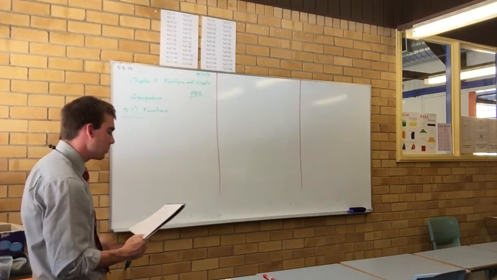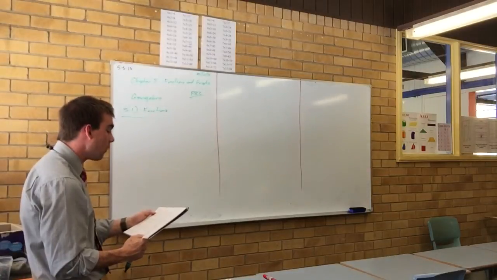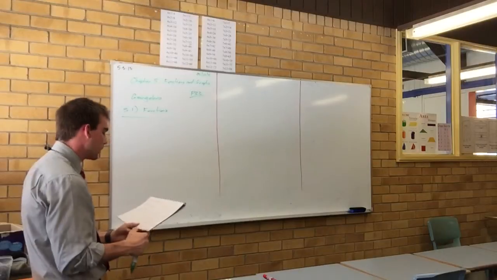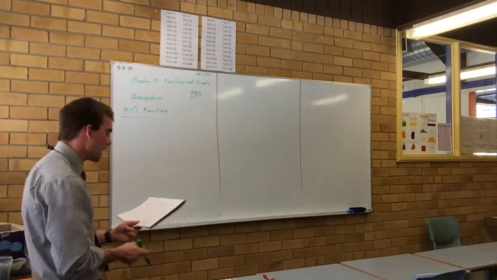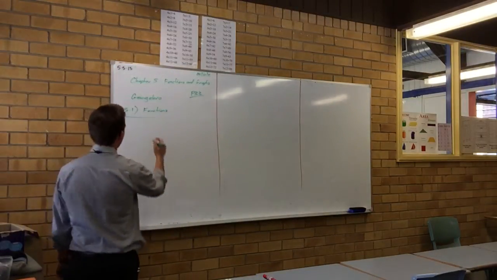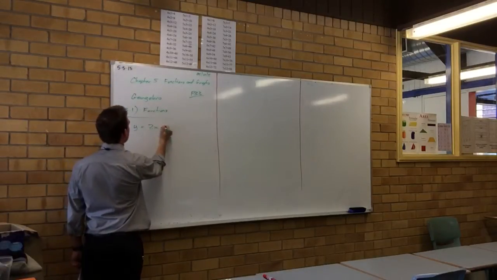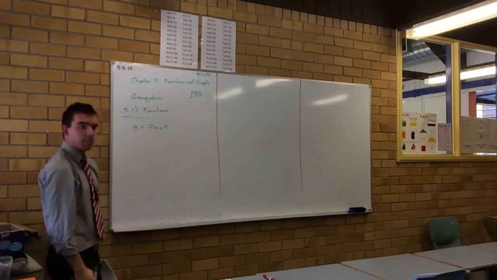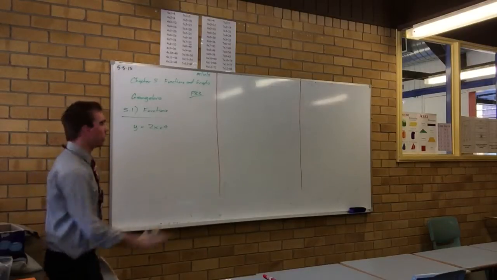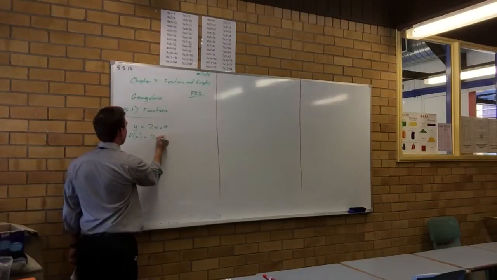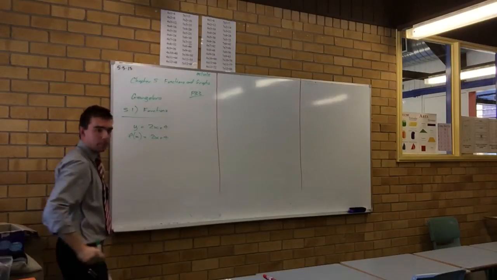The dependence on f and on x is made explicit by using the notation f of x. So, for example, if we have the equation y equals 2x plus 4, we're now introducing a new notation. It is now f of x is equal to 2x plus 4.